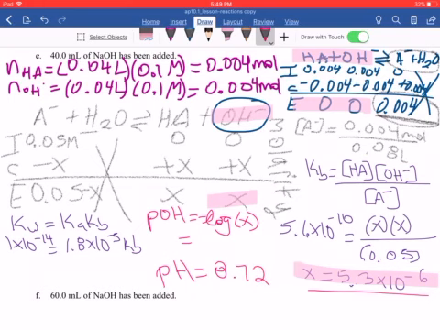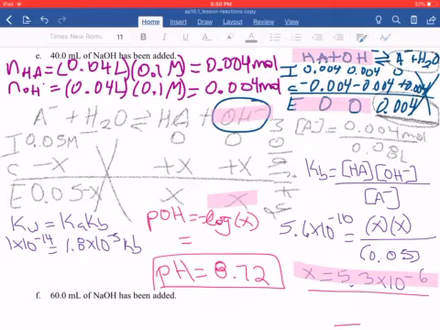So it's going to be 14 minus the pOH. Sorry, I got distracted with my calculator. So when you take the negative log of the x, which is 5.3 times 10 to the negative 6, you get the pOH. And 14 minus that number should give you 8.72.